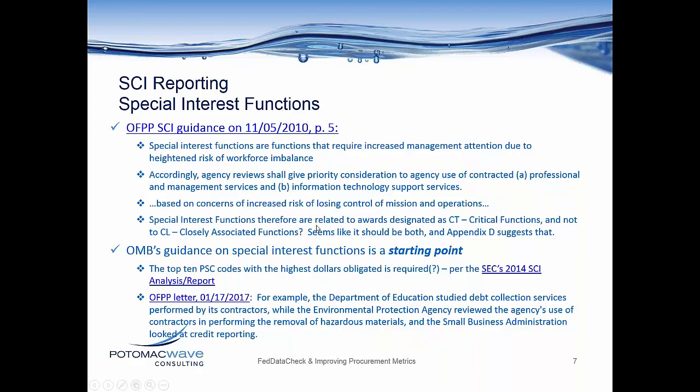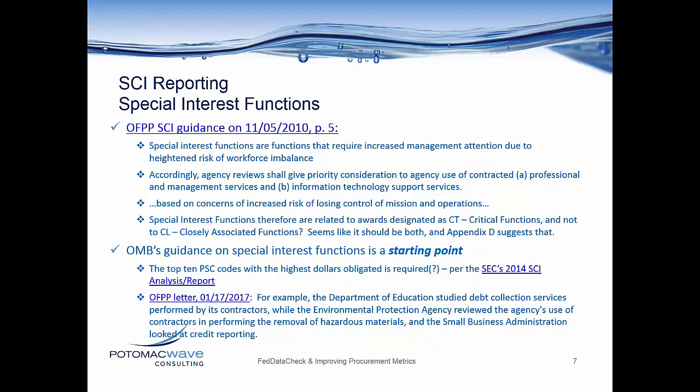Special interest functions, therefore, are related to awards designated as critical functions, and not the closely associated functions. I put a question mark there. It seems like when you read through the guidance, that's really the focus of these special interest functions: the workforce imbalance where the government is over-reliant on contractors to perform critical functions.